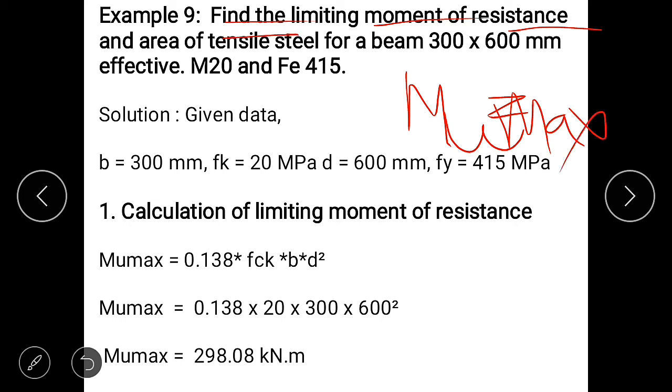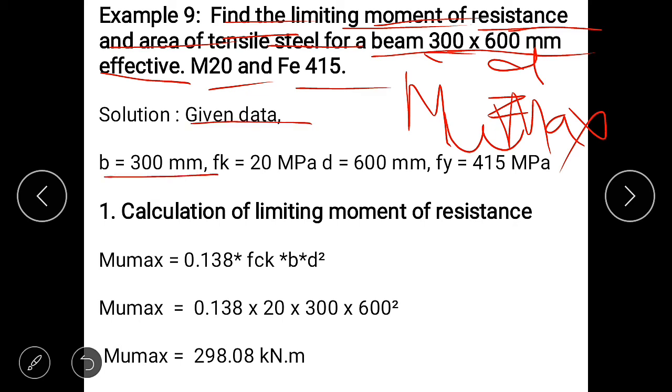Find the limiting moment of resistance Mu max and the area of steel for a beam 300 into 600 mm effective. Effective means b is 300 and small d is 600 mm. M20 and Fe415, so in this example the given data is b is 300 mm, fck is 20, d is 600 and fy is 415.